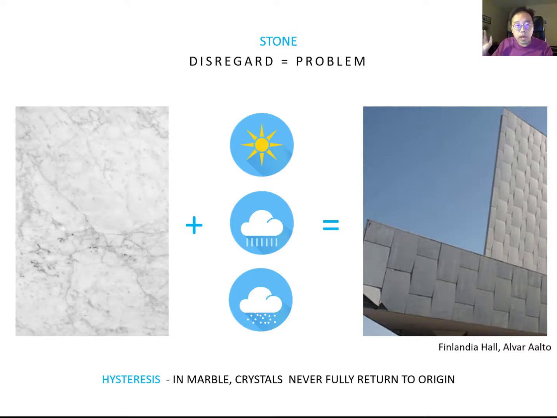When you use a bowing panel, it has a lot of cracking issues as well. But one problem, when marble has this problem, it never fully returns to the original. So you have to change the whole marble panel again, which means you have a lot of cost after seeing this issue.